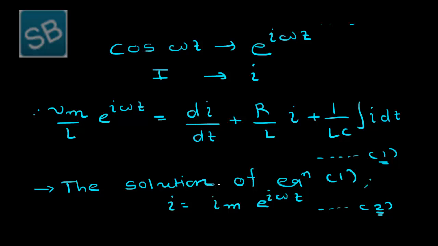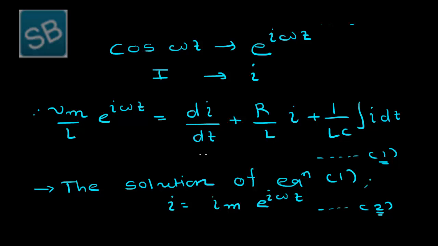Now to check whether this solution is correct or not, we check the values coming in the differential equation, di by dt and integration of i dt, and then check that the left hand side is equal to the right hand side.